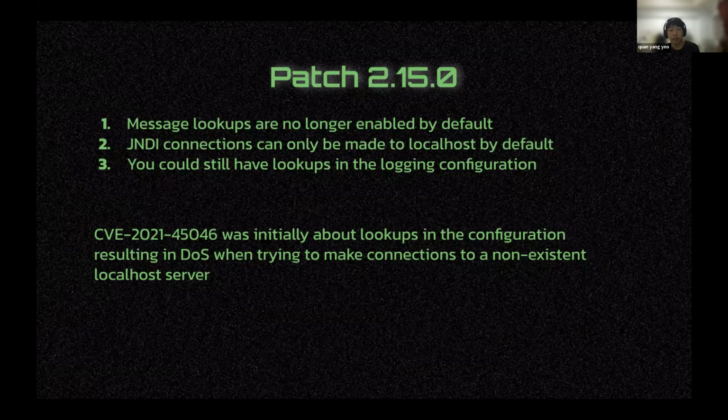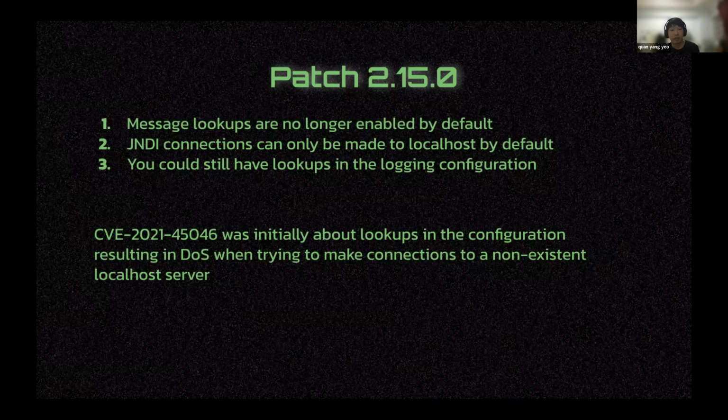So then the second CVE was about making a lookup in the configuration, and initially it was just resulting in a denial of service because you could only make a request to localhost, right? It is not common for an attacker who has control of a localhost server to not already be in your system, so the impact is actually kind of low here.